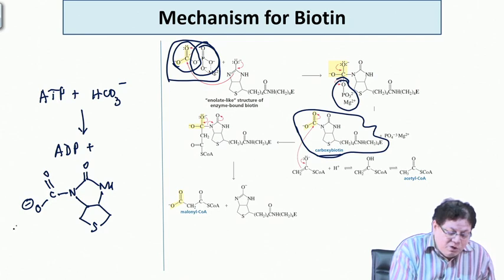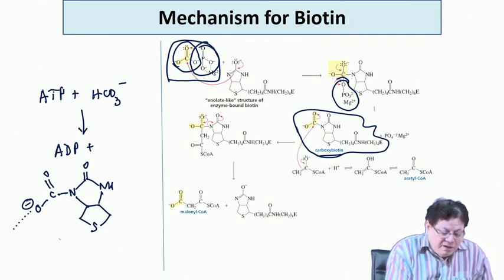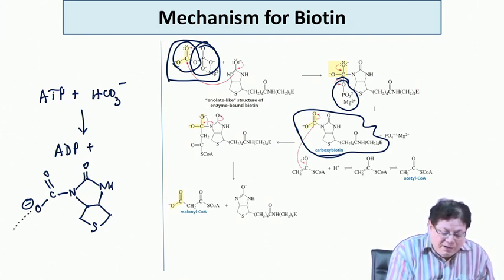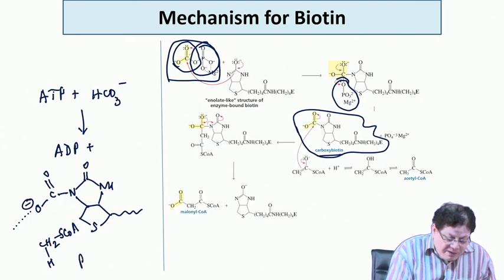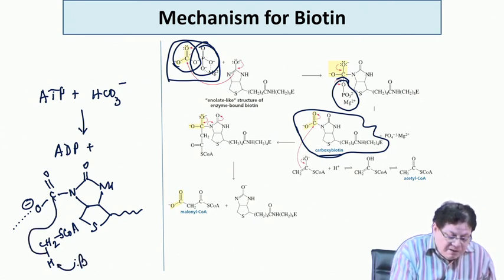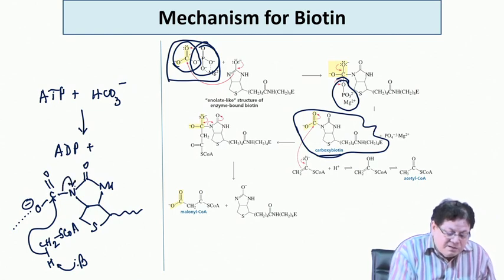Now, obviously, this has to be taken care of if you want to attack by a nucleophile. That is the chain attached to the enzyme. Now your acetyl coenzyme A, SCoA. Now there is the base in the enzyme that takes up this hydrogen, it goes here and that is kicked out.